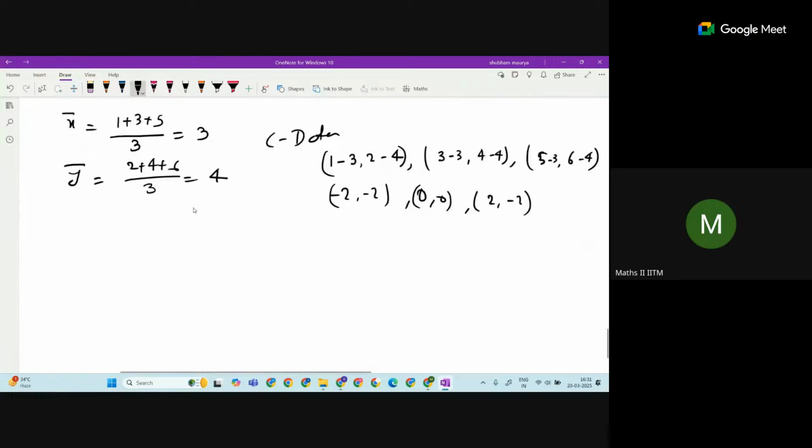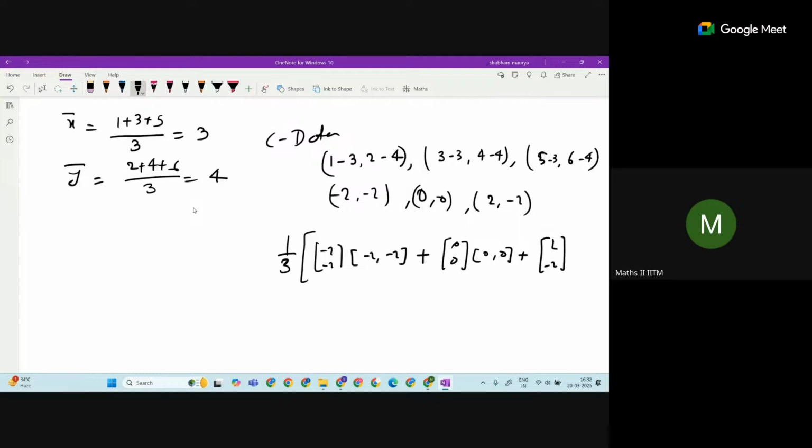Now the covariance matrix is going to be 1 by 3, which is this one, minus 2, minus 2, minus 2, minus 2, plus 0, 0, 0, 0, plus 2, minus 2, 2, minus 2.